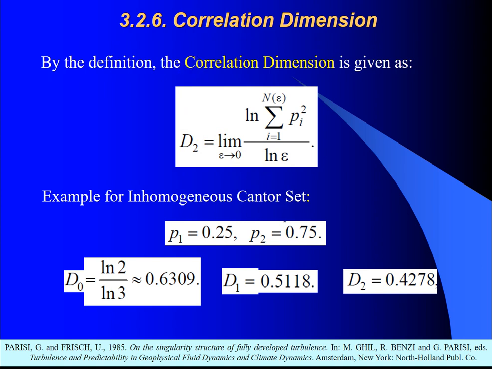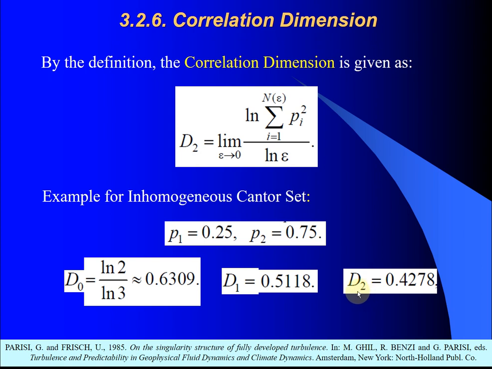This dimension can be evaluated for monofractals too. And it is important to point out that this dimension is another particular case of the generalized spectrum which we considered above. And for the inhomogeneous Cantor set, we can obtain such values of these characteristic parameters of this dimension.